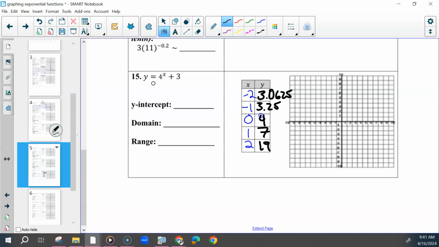And 4 squared is 16 plus 3, which is 19. So you can do it by hand, you can do it in a calculator, or do it in a table.